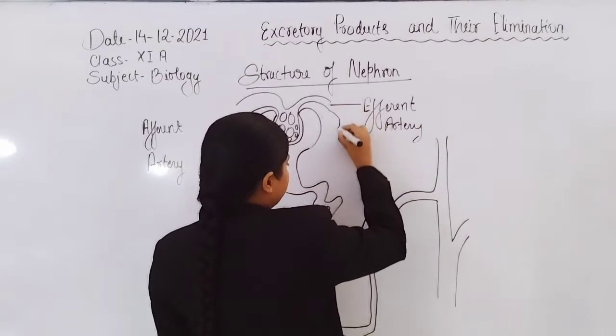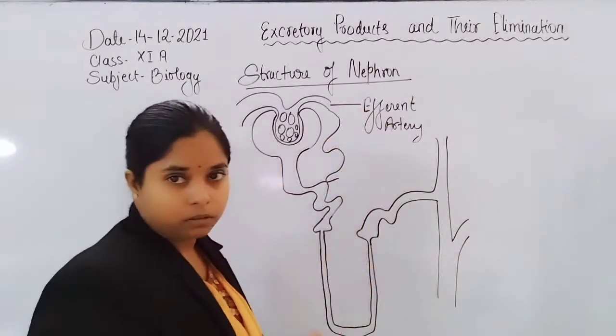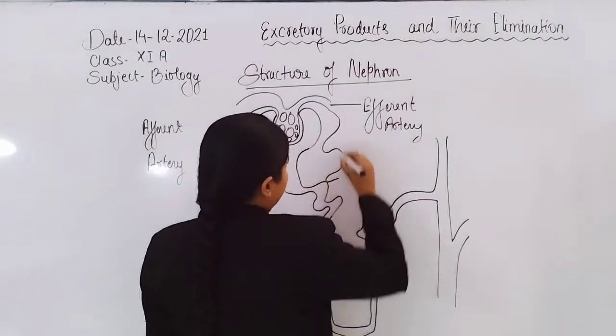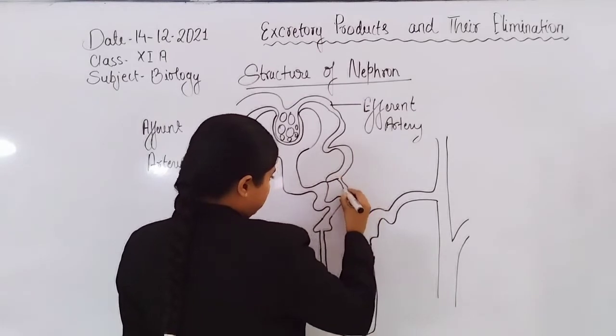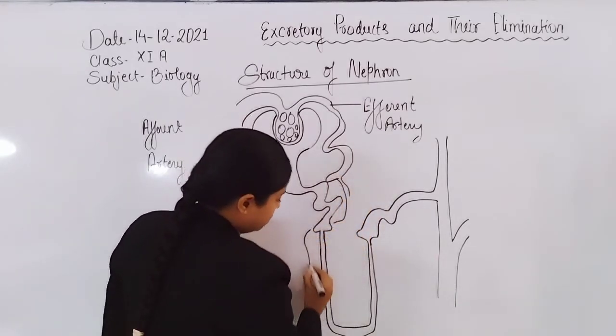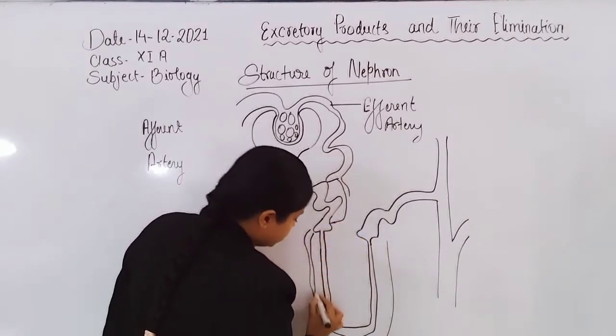The efferent artery continues into the capillary called vasa recta, which covers the loop of Henle in a U-shaped manner.